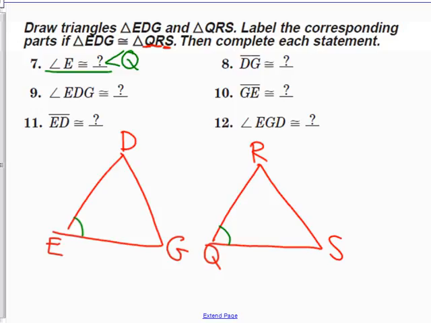EDG is this angle right here because the D is in the middle. It's got to match up to that point. So EDG is congruent to, well, it's got to be the same spot. And I'm going to read it the same way as I read angle EDG. I'm going to read it QRS.